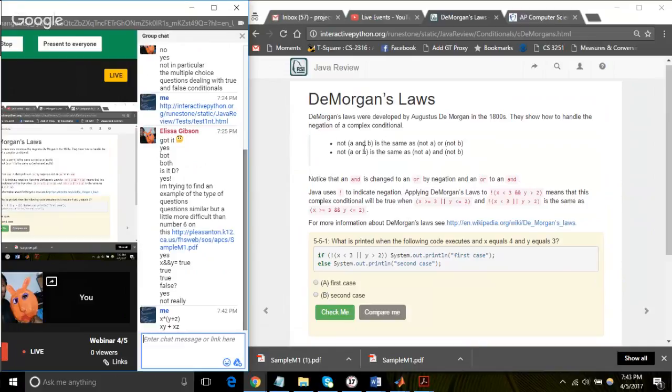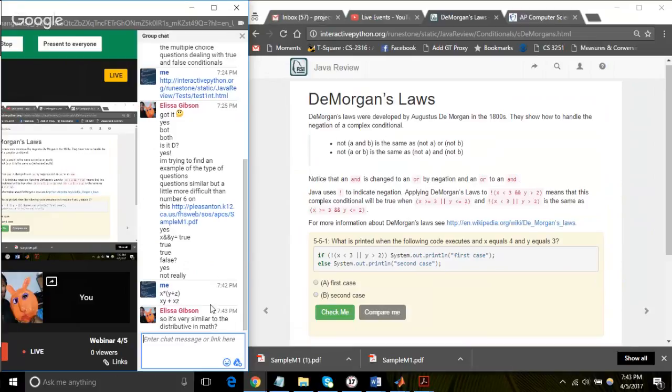So if you take A and B and you not it, basically saying not A and B, that's saying either not A or not B. It's similar to the distributive, but the tricky part is ands and ors work differently.